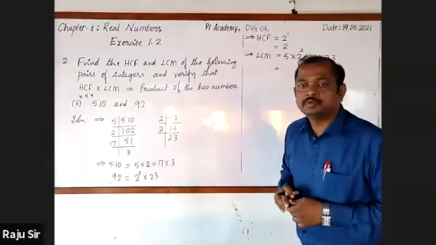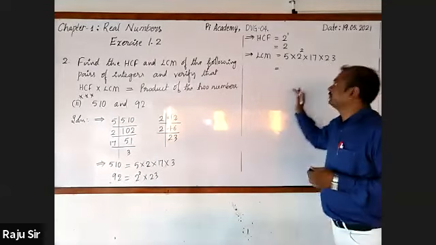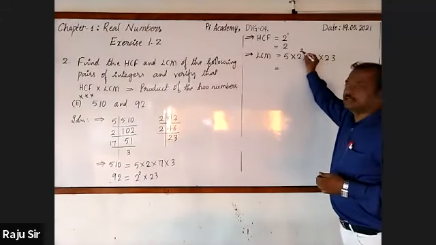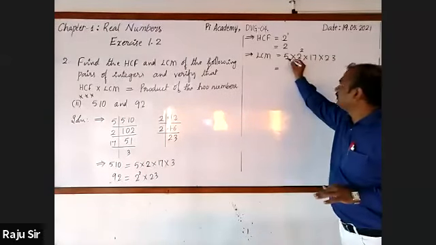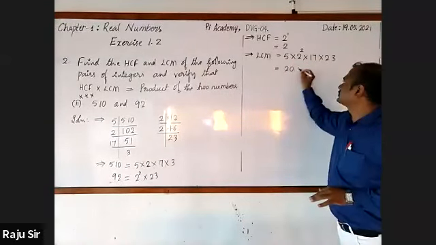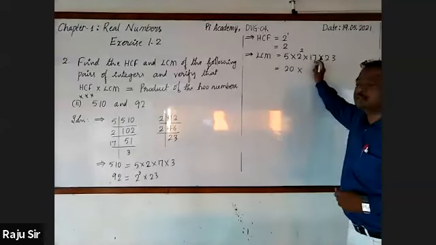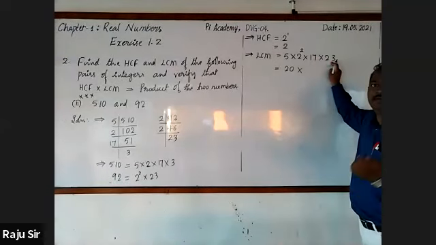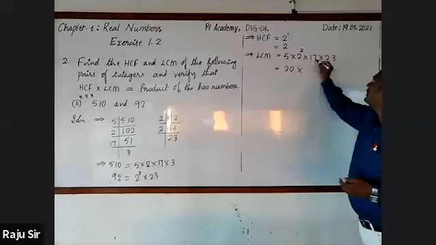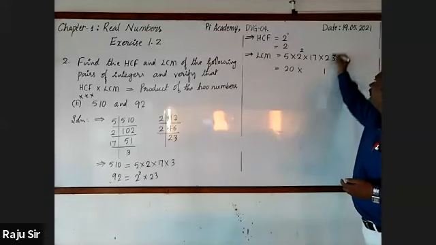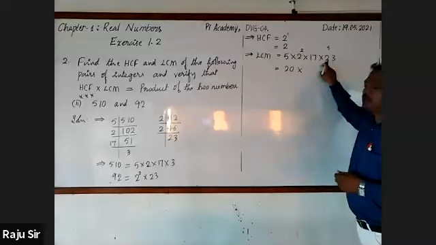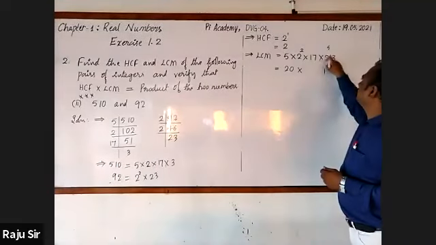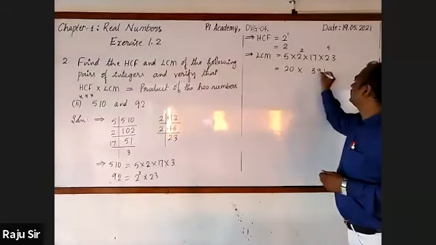Just observe. Here, 2 square is there. 2 square is 4. 4 5s are 20. Let me write 20. Now let us multiply 17 and 23. We are very familiar with the table 17. 17 3s are 51, 5 is the carry. 17 2s are 34, 34 plus 5, 39.